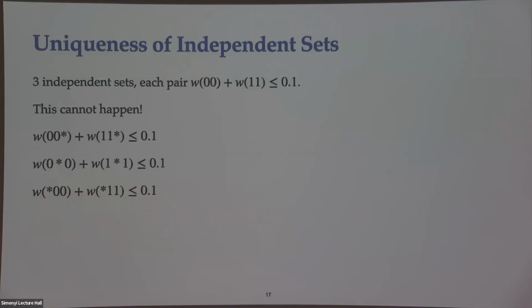On the left-hand side, I claim that this covers everything, so it must be at least 1. Why? Because a length 3 string of 0,1 vectors must have either 2 zeros or 2 ones, so this covers everything. So we get that 1 is at most 0.3, and this is a contradiction.